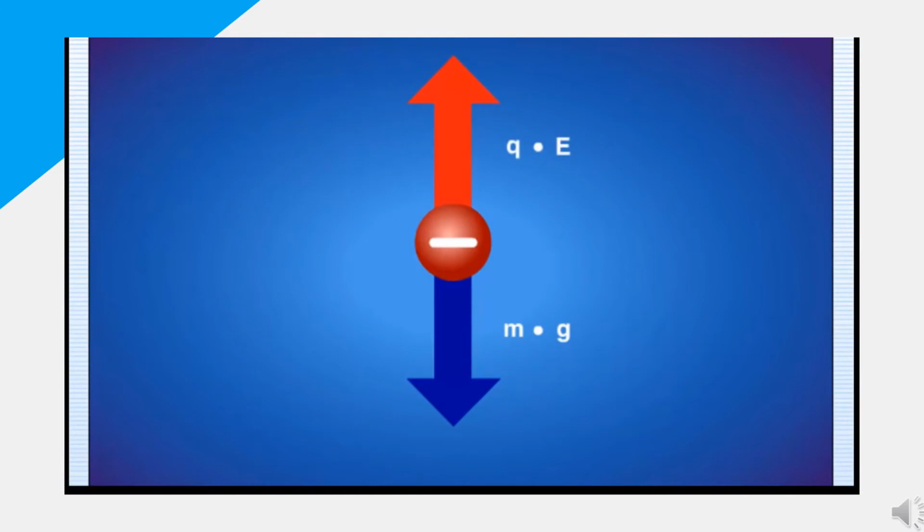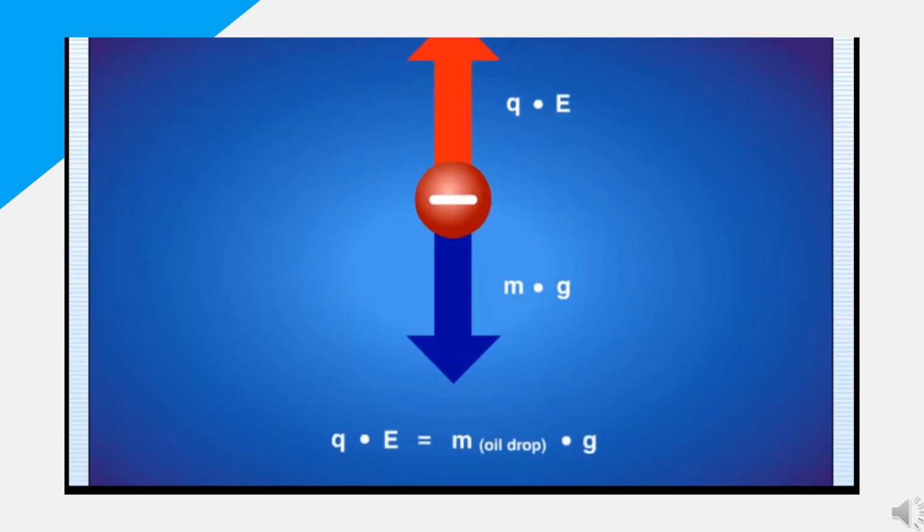Q × E = m × g. M is the mass of the oil droplet, g is gravity, and the electric field is known. This is how Q was determined.